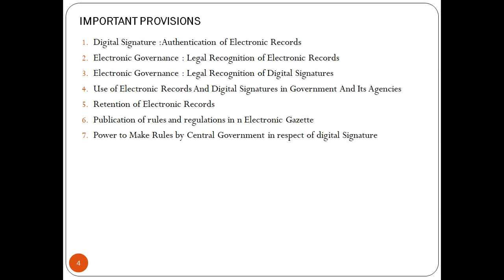Sixth one is publication of rules and regulations in the electronic gazette, where any law provides that any rule, regulation, order, bylaw, notification, or any other matter shall be published in the official gazette, then such a requirement shall be deemed to have been satisfied if such a rule, regulation, order, bylaw, notification, or any other matter is published in the official gazette or electronic gazette.